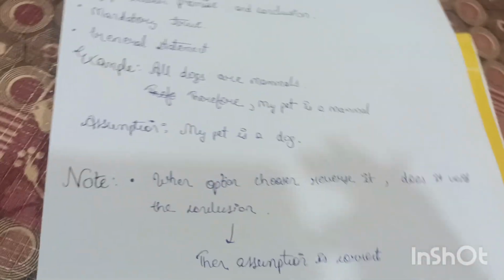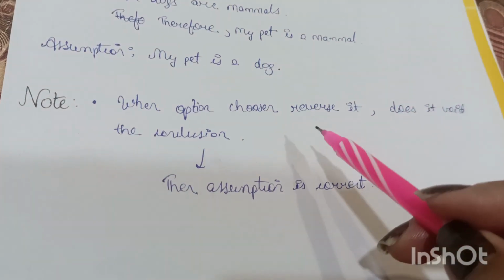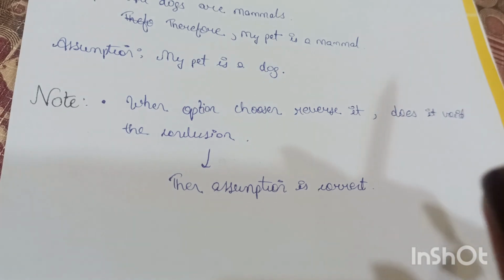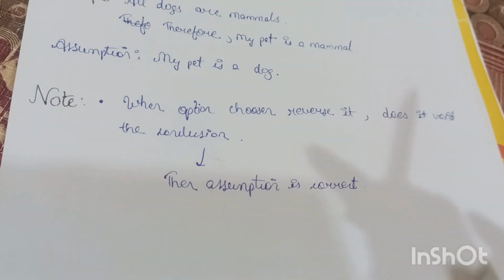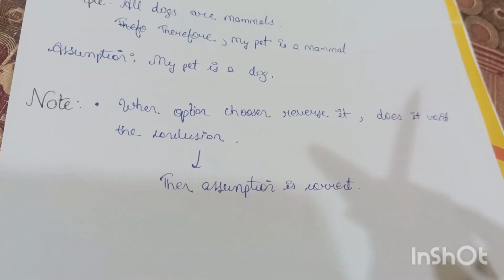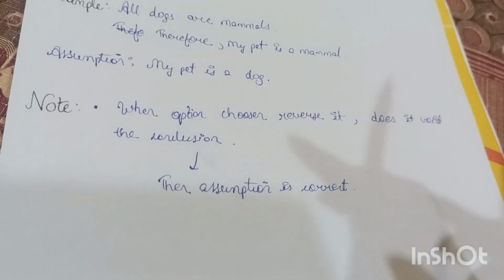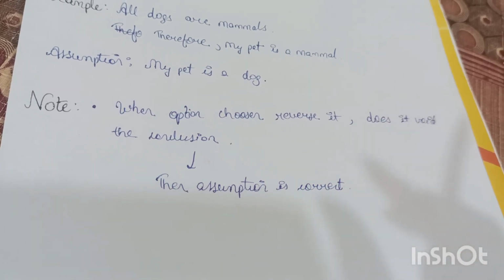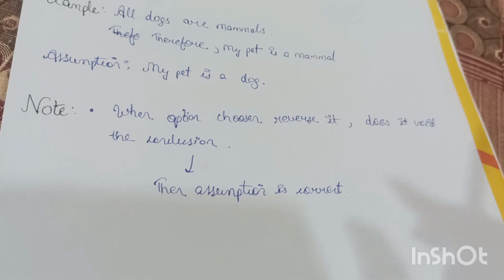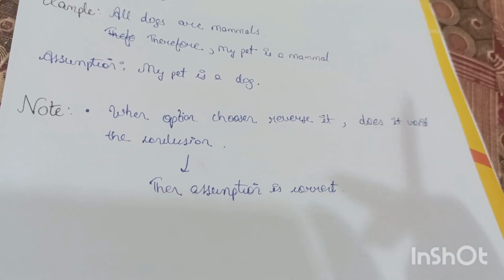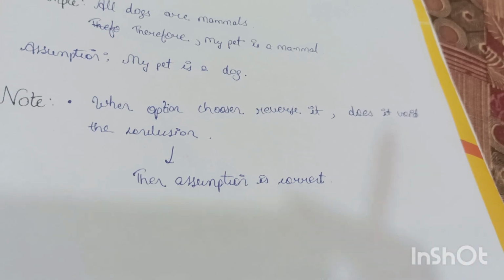This statement says that if you have chosen some option and you want to know whether you have chosen the correct assumption or not, you can change the sentence. If it is in a positive way, then convert it into a negative way, and see that if it voids the conclusion, then your assumption is correct.